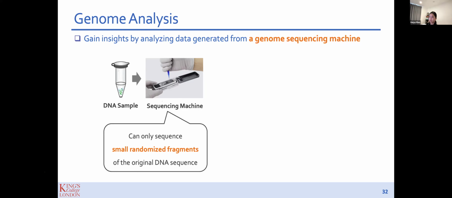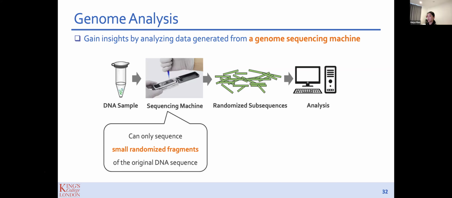We need to do some puzzles. Doing the puzzle on it is what genome analysis is. So basically, the sequencing machine generates these randomized subsequences, and we use our computer to do the analysis.